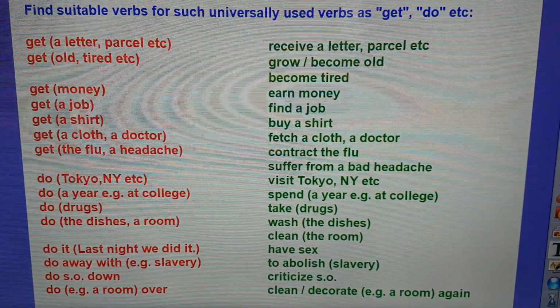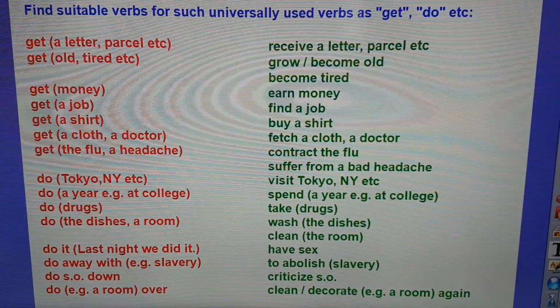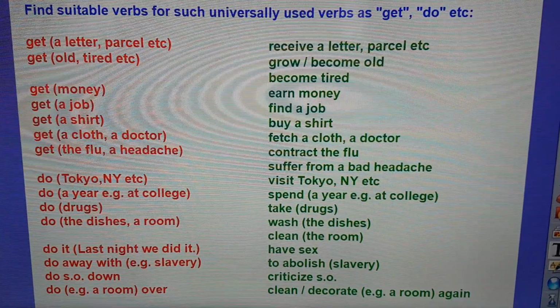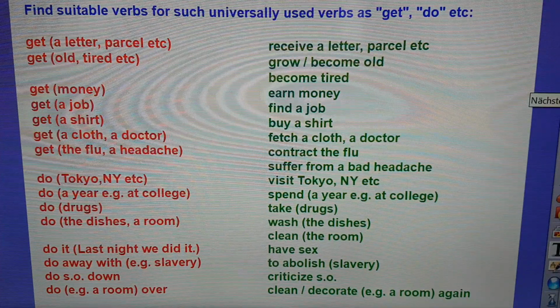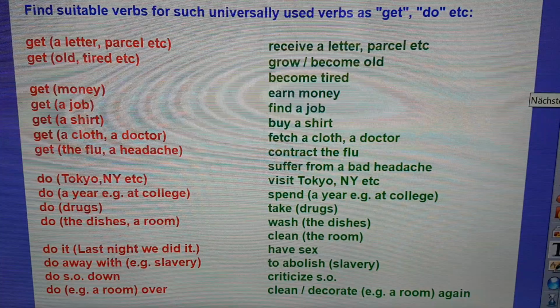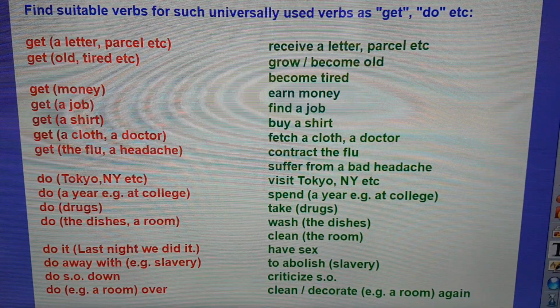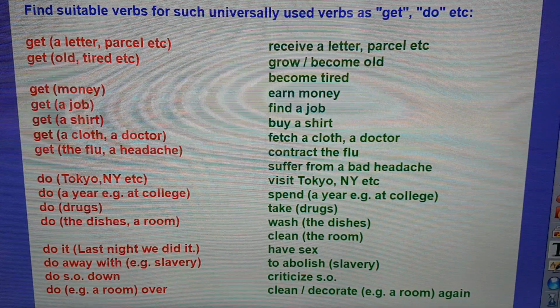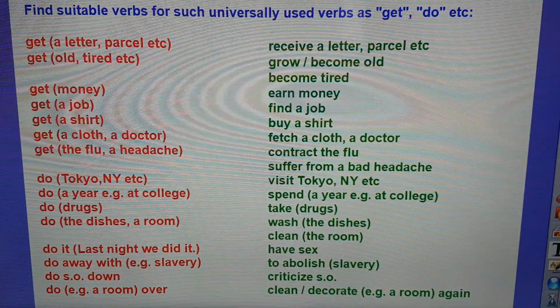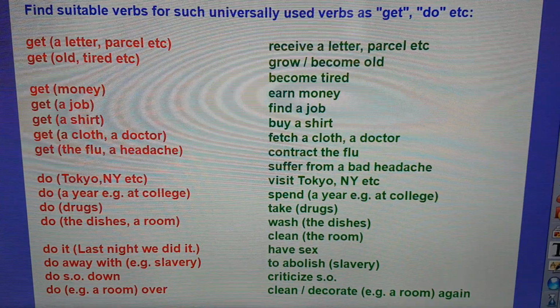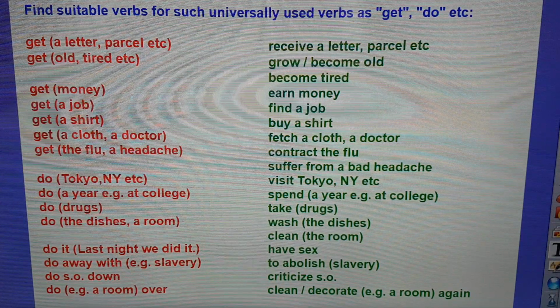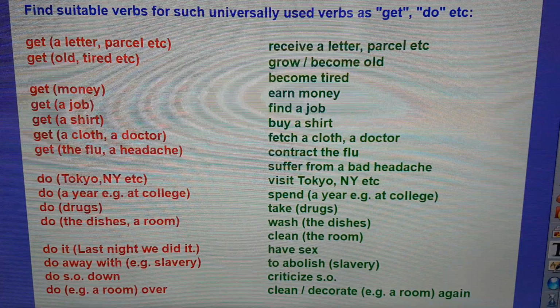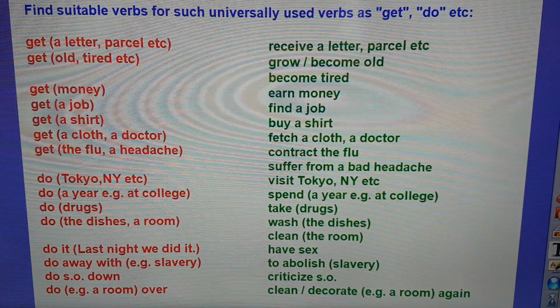Next thing. You know that there are some verbs which are universally used in English, such as get, do, take, have, make, etc. Since there are probably 3.8 billion phrases that use these universally used verbs, I've brought you just a very, very small choice.